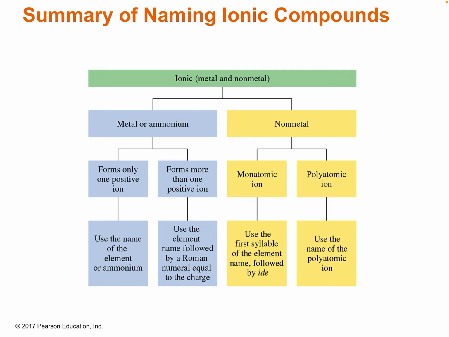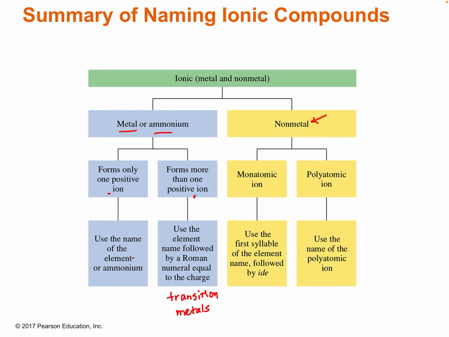So when we have a metal or ammonium, if it forms only 1 positive ion, we're just going to use the name of the element. If it forms more than 1 positive ion, then we need to have a Roman numeral. And again, this will be for the transition metals.